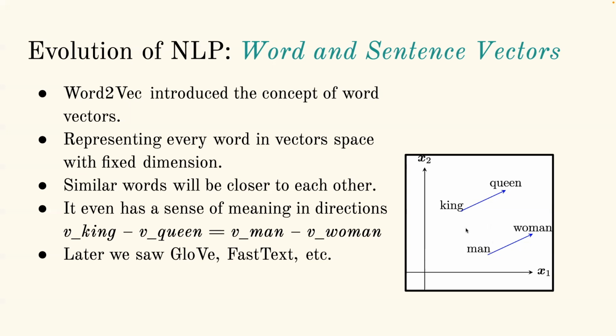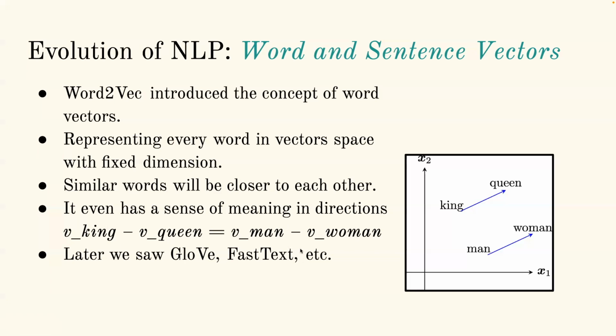What we see is that the direction corresponding to the blue arrows has the notion of gender, because you see king to queen and man to woman. We also see another interesting result here. We can actually perform algebra on these vectors, because if we take the vector of the word king and subtract the vector of the word queen, that will be very close to the subtraction between man and woman.